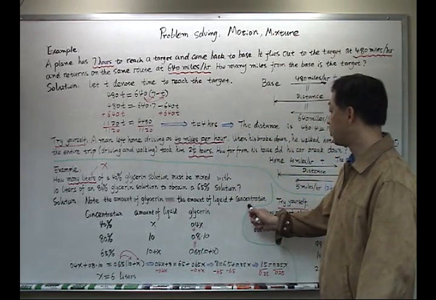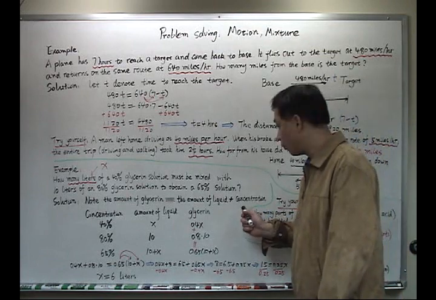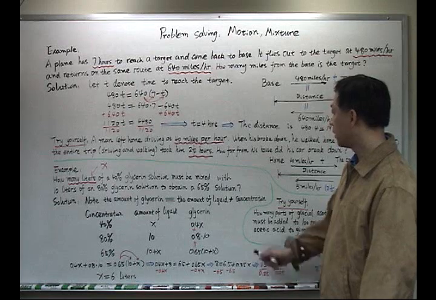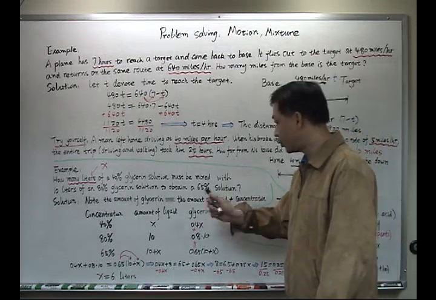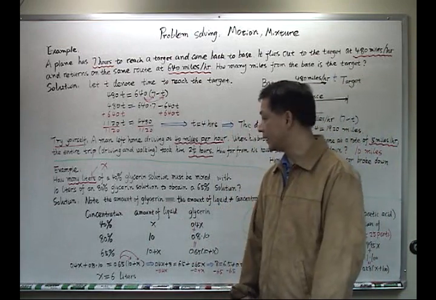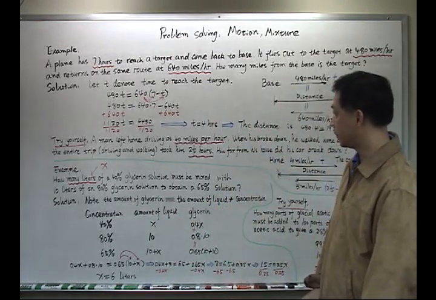This percentage normally is less than 1, or less than 100%. So this concentration times the liquid would be the amount of glycerin.